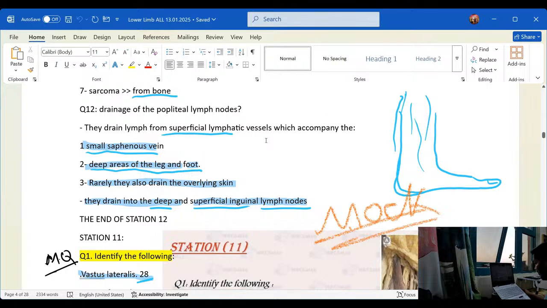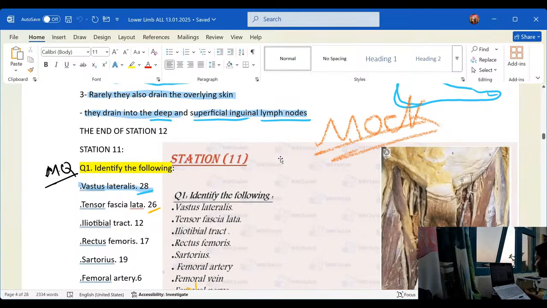Rarely, they also drain the gluteal skin, and then they drain into the superficial and deep inguinal lymph nodes.